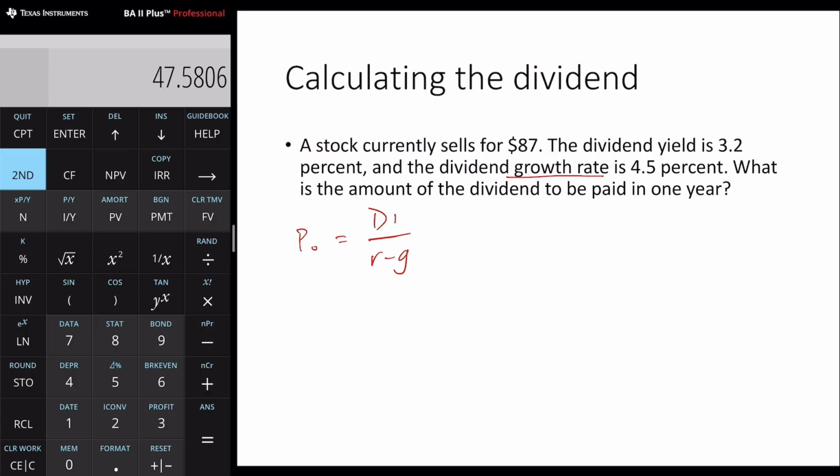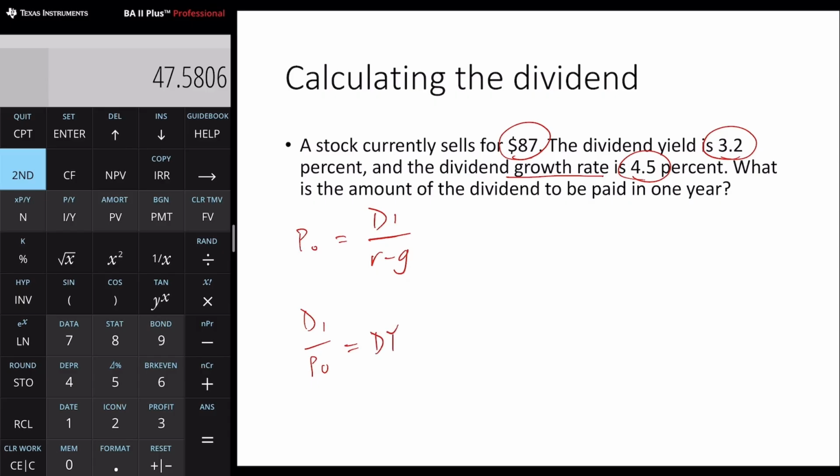Now, notice that in this problem, we're given P0 because we're given that the stock currently sells for $87. We're not given the required return quite yet. The dividend yield is 3.2%, and we're given the dividend growth rate is 4.5%. All right, so the dividend yield is defined as D1 over P0 equals the dividend yield.